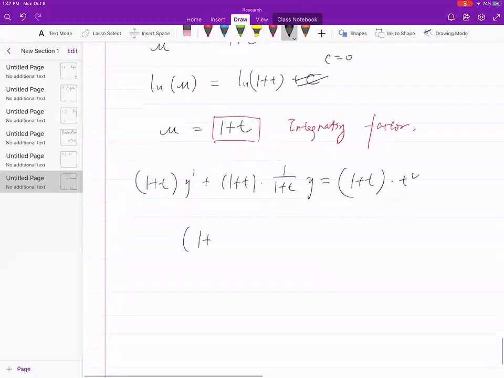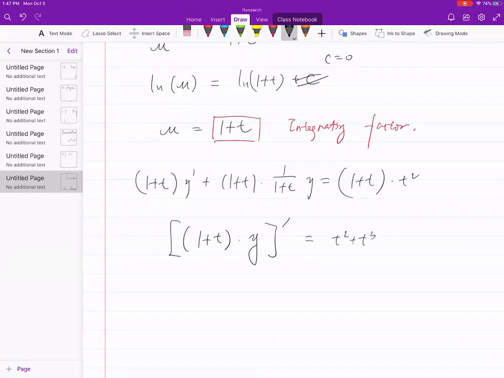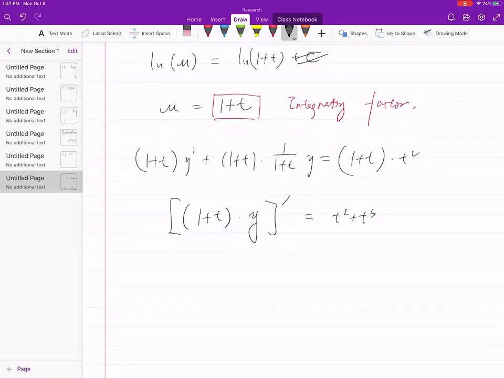This time you have (1 plus t) times y, the whole thing prime. If you don't believe it, you can quickly check. This equals (1 plus t) times y prime, which is exactly the first term, plus (1 plus t) prime times y. And you can see it's exactly the second term.